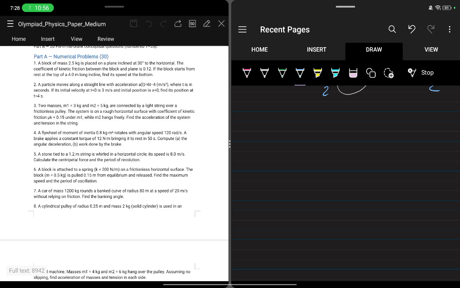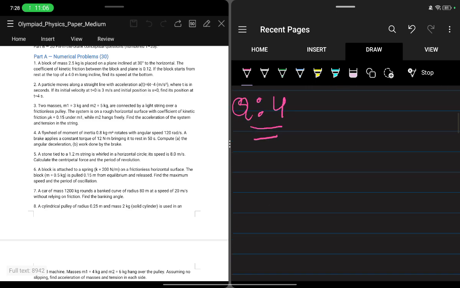Number 4. Question number 4. A flywheel of moment of inertia 0.8 kilogram meter square rotates with an angular speed of 120 radian per second.